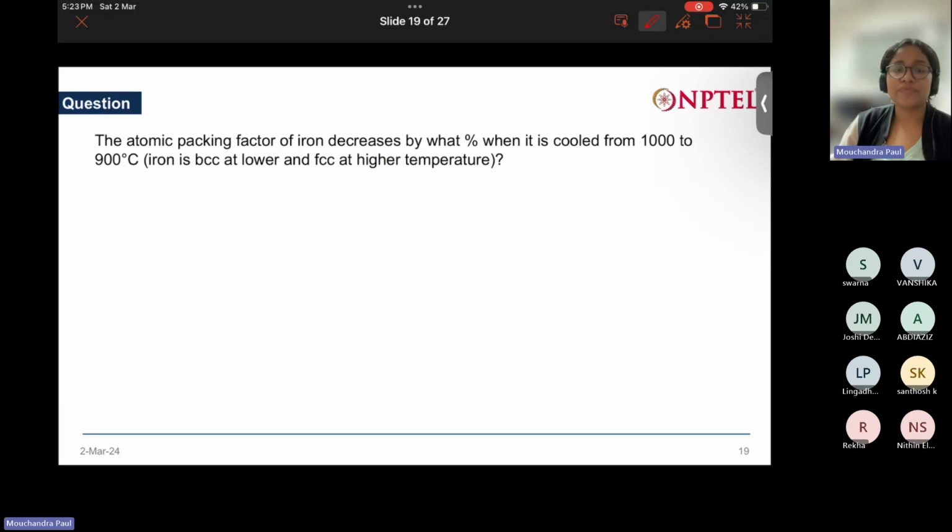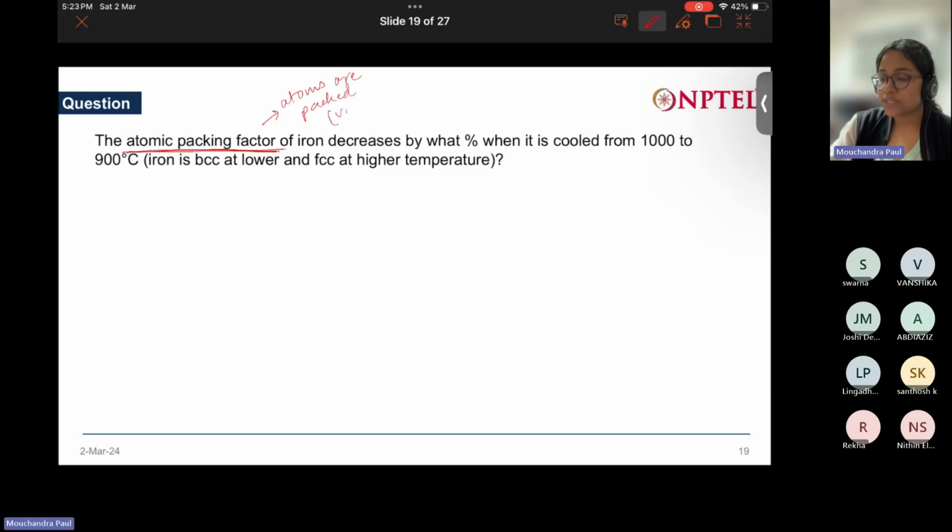There's another question. In this question, you are asked to determine the fractional decrease in atomic packing factor. Atomic packing factor basically helps you understand how the atoms are packed within a unit cell.